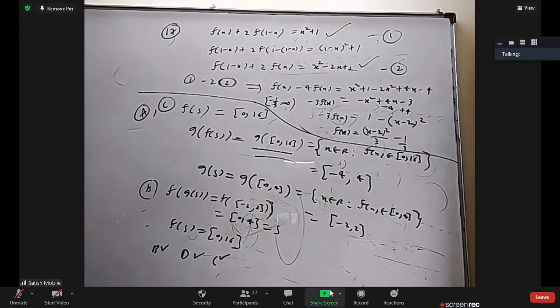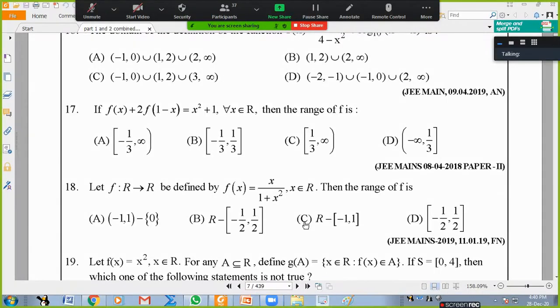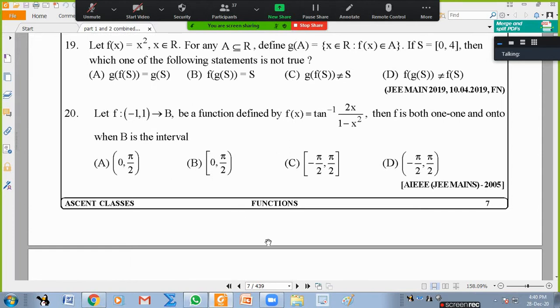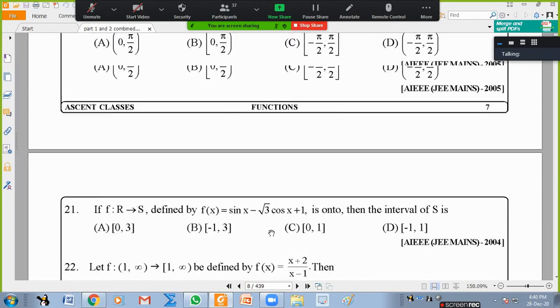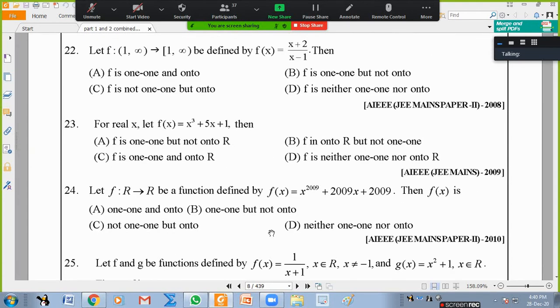Maybe I can share. Okay, on the screen you can see 20 and 21. Anybody any doubt? 21 I discussed anyway. 20, anybody doubt? 22, any doubt? 23 also I think I discussed. Okay, so functions 1 to 24. Anybody any doubts left?